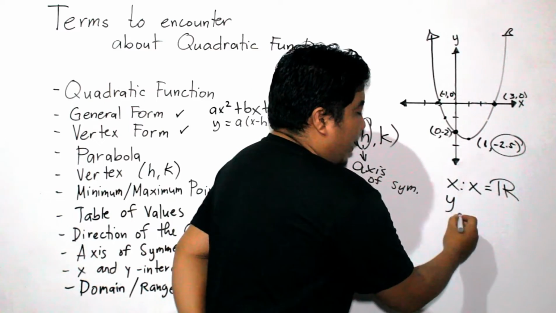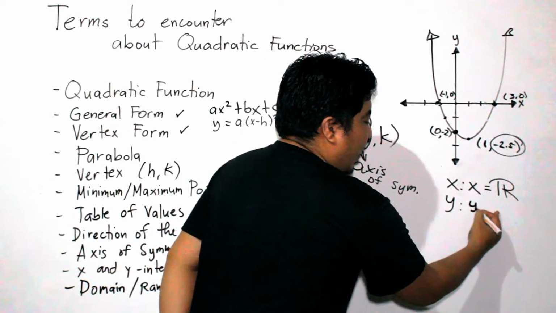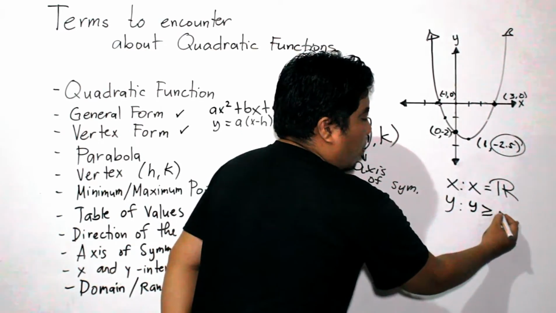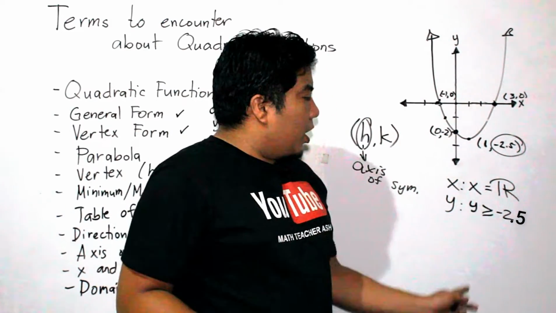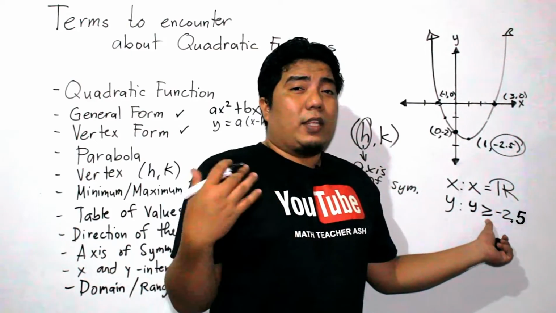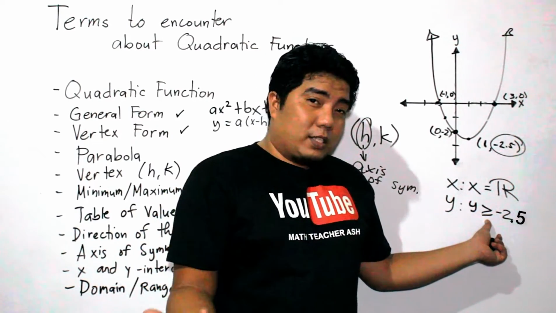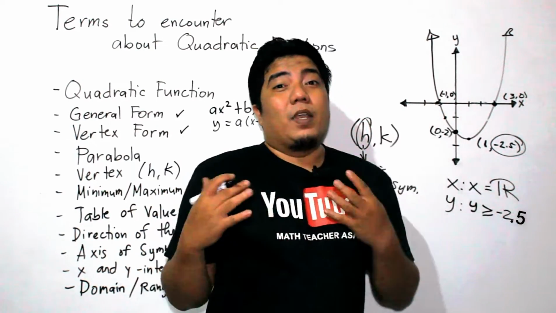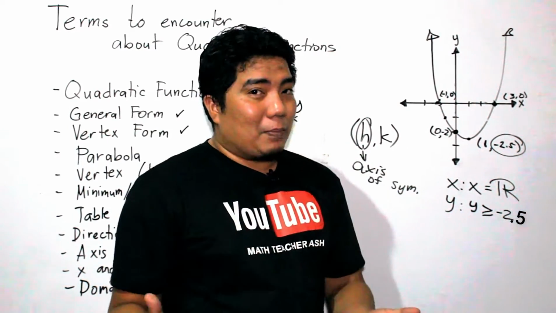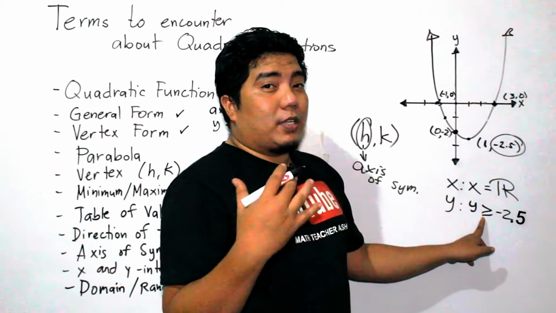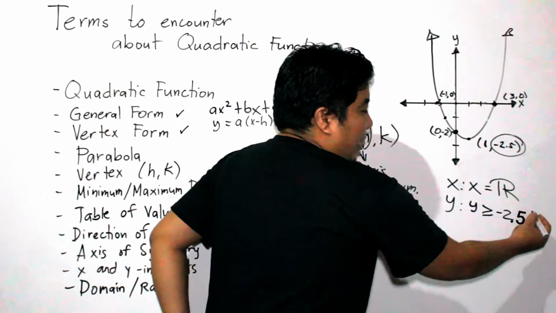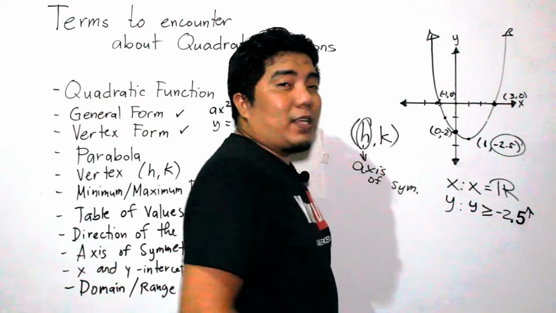That is y, such that y is greater than or equal to -2.5. Now, for sure, you will be asking, Sir Ash, do we always use the greater than or equal symbol for our range? Basically, it depends. If it opens upward, you will use greater than or equal.